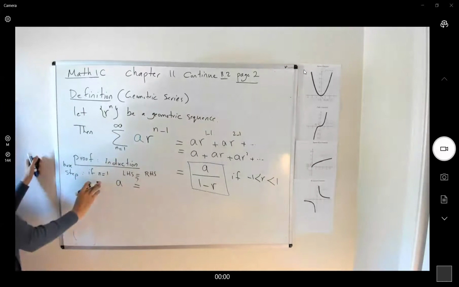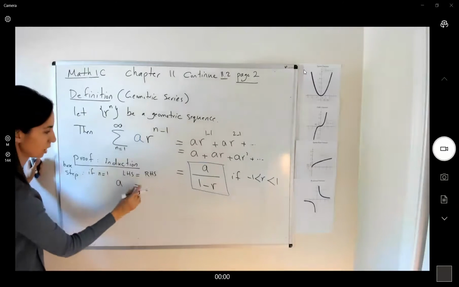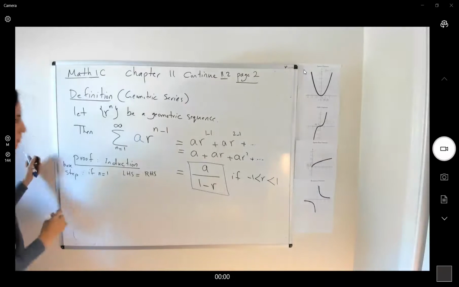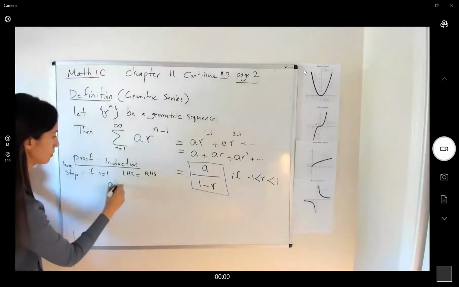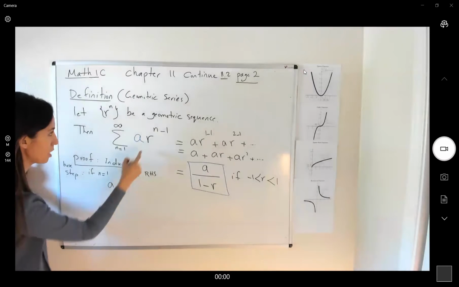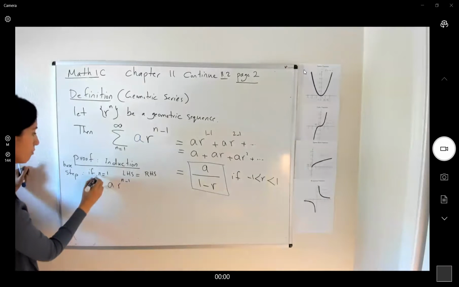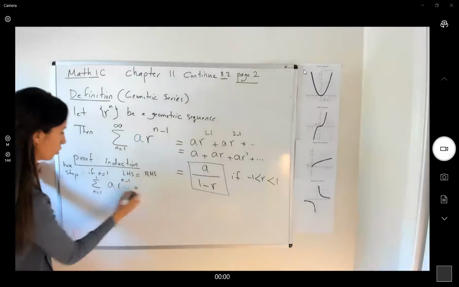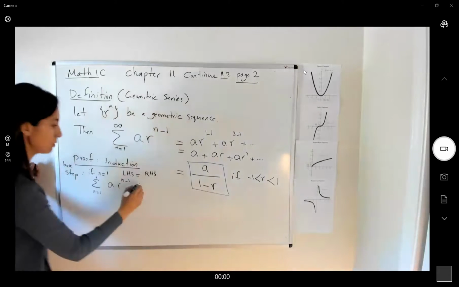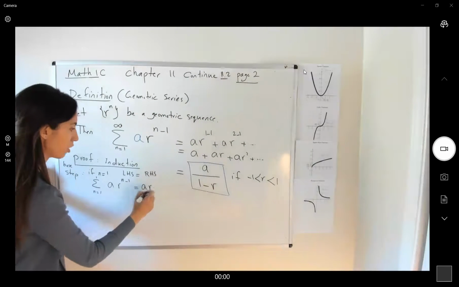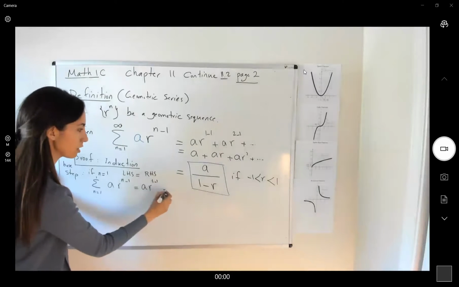Let me show you this. You have a r raised to n minus 1, this is your series, from 1 to 1. Since n is equal to 1, you're left with the very first term, which is a times r raised to 1 minus 1, which is a itself.